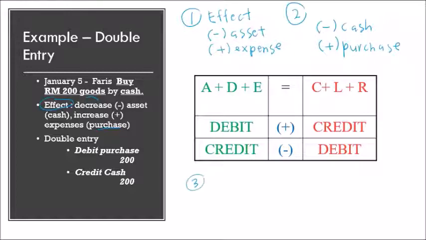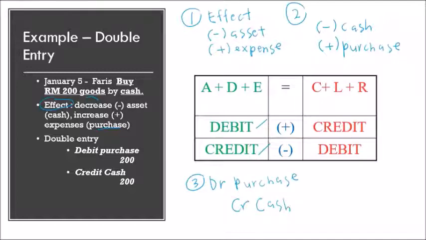So lastly, when cash decreases, when an asset decreases, it is on the credit side. So you credit cash. And when purchases increase, it is on the debit side. So you record it like this. Purchases.